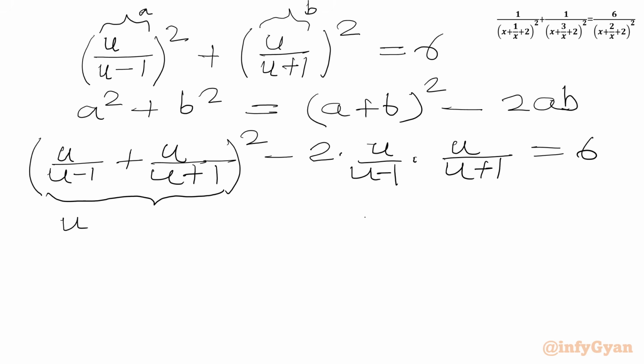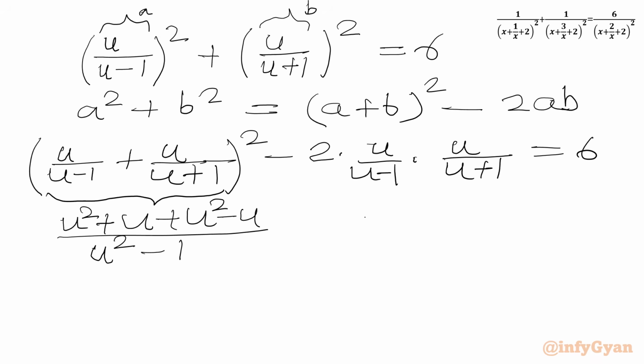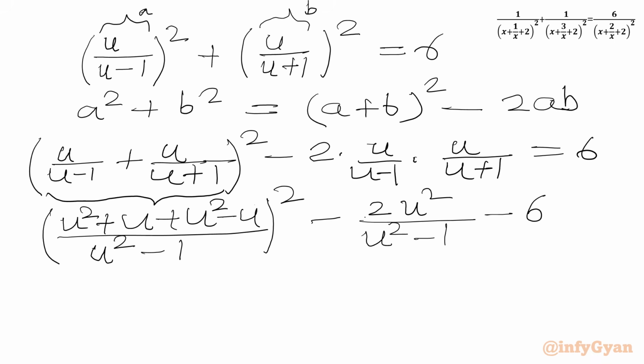Now we have to simplify this bracket. We will write u square plus u square minus u, over u plus 1 times u minus 1. We'll write u square minus 1 using the difference of two squares formula. Whole square minus 2u square over u square minus 1 minus 6 equal to 0.